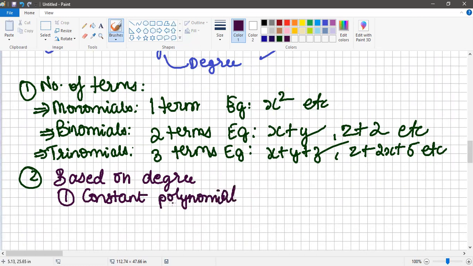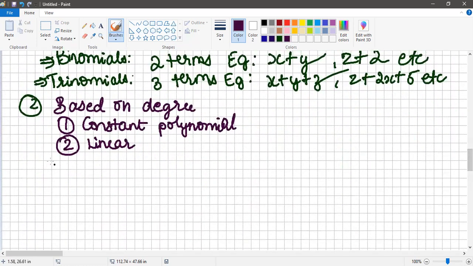And then we have linear, quadratic, cubic, and then biquadratic.